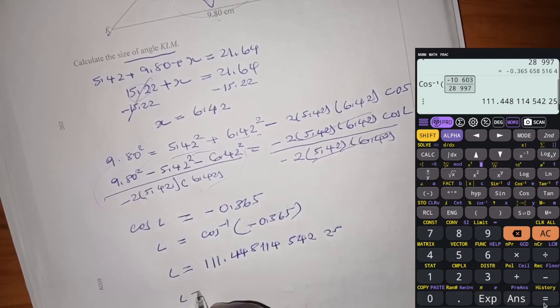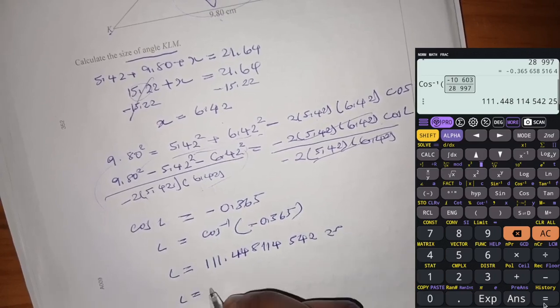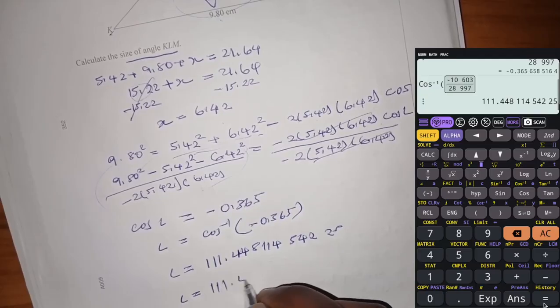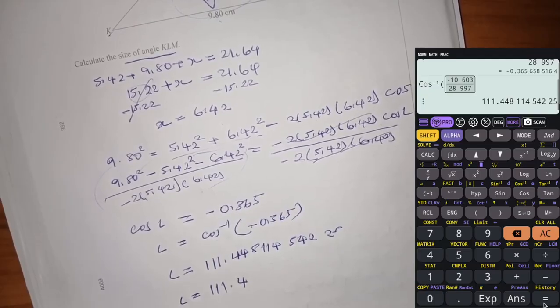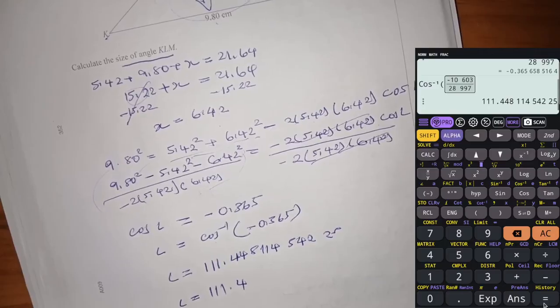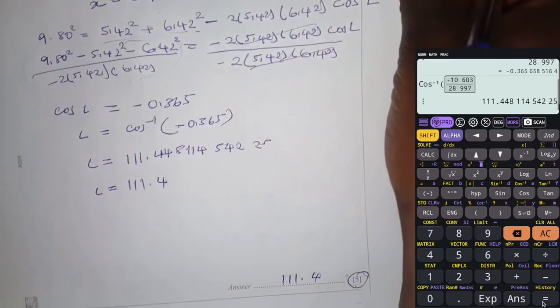Then your L is correct to one decimal place, 111.4. That's your answer. Take all the 5 marks there.